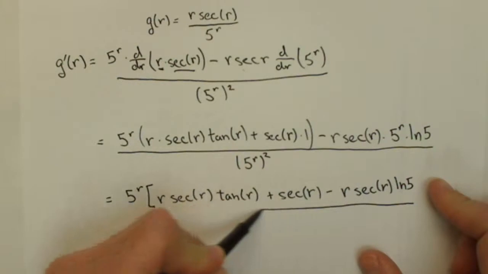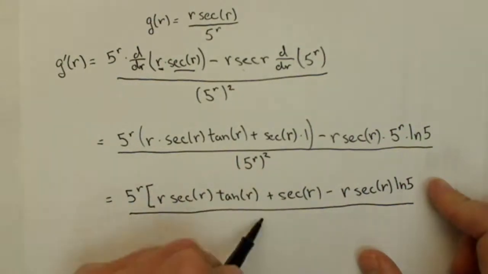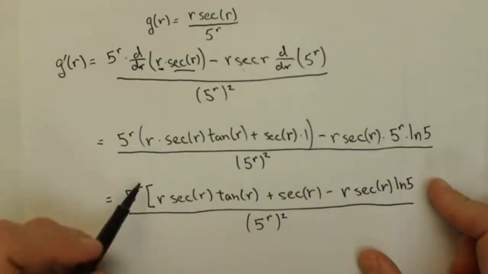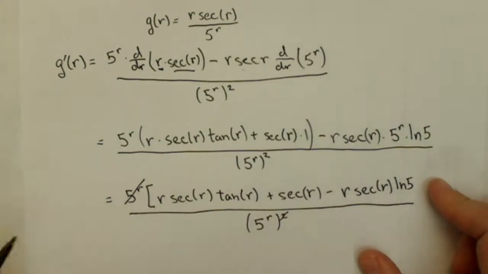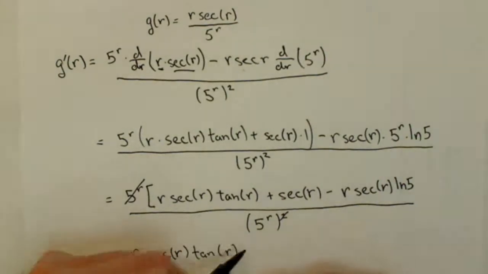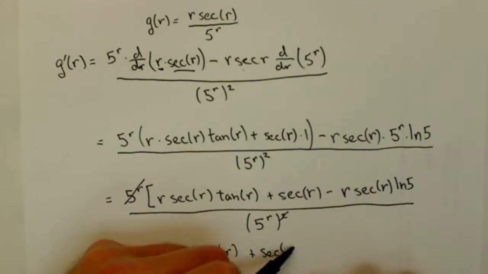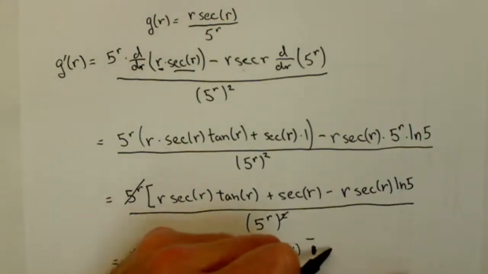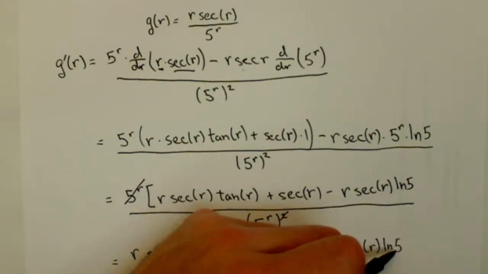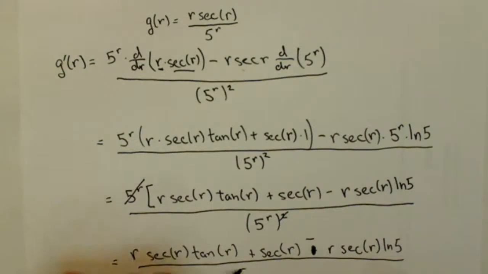So this is all over 5 to the r squared, and now we're going to be able to cancel that 5 to the r out with one of the 5 to the r's up here, which is going to, in our last step, give us r secant r tangent r plus secant r, minus r secant r ln of 5 all over 5 to the r.